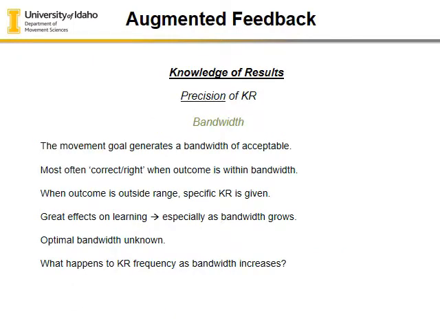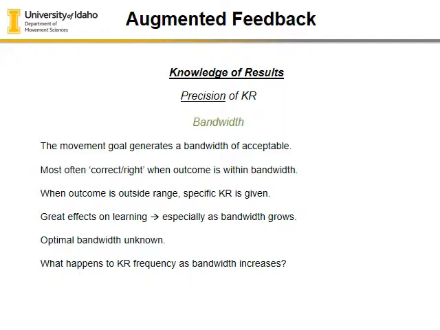Then we have bandwidth, and understand that the movement goal generates this bandwidth of acceptable. So if we make this correct or right idea, we use this range when we're going to give feedback. If they're within that range, we don't give them any feedback. If they're outside of that range, then we want to go ahead and give them feedback, right?